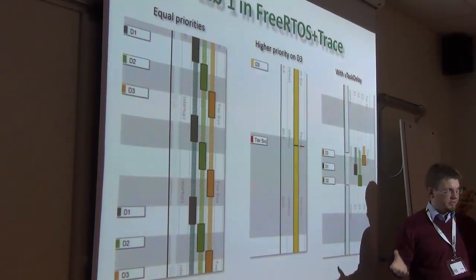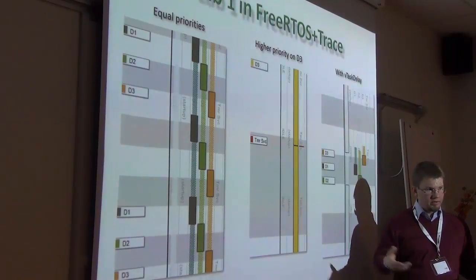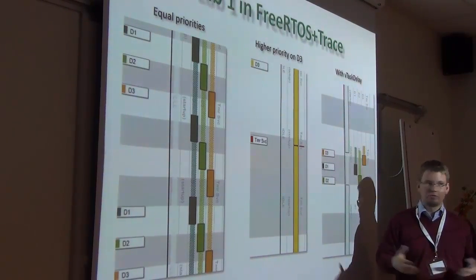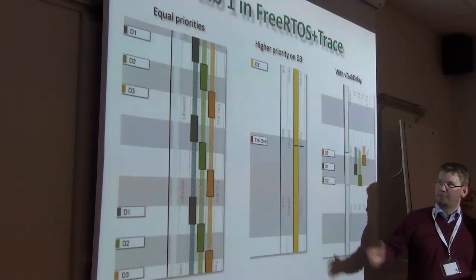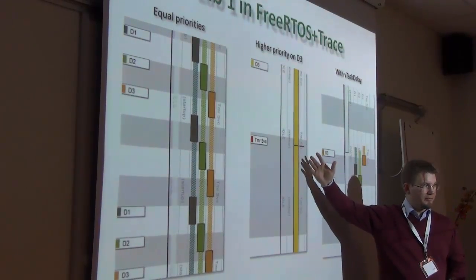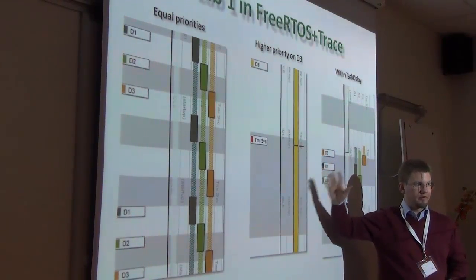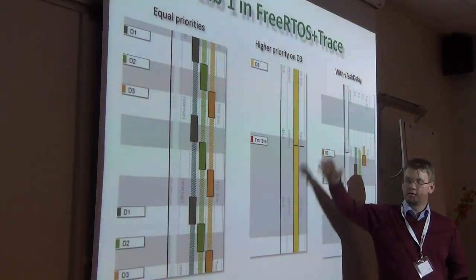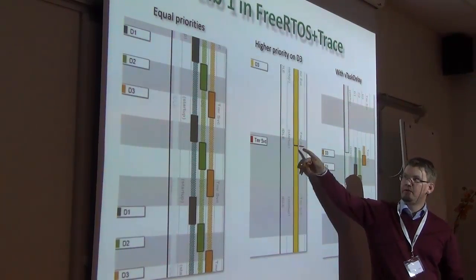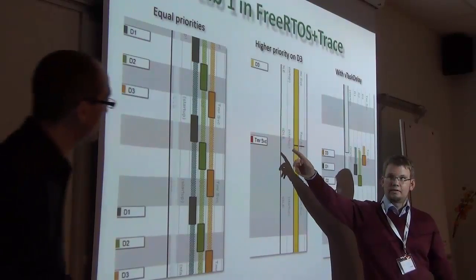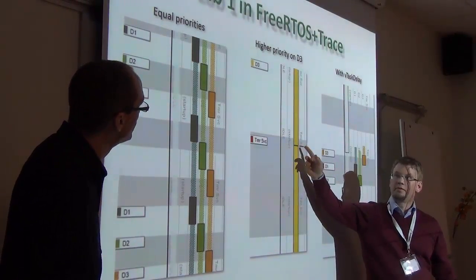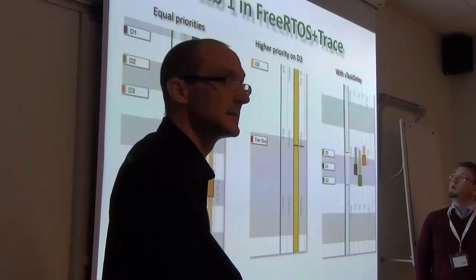Since the tasks are never getting blocked, they are running all the time. They want to run all the time. The higher priority task will take over completely, starving out the lower priority ones. They never execute. This red one here is the timer task of FreeRTOS. That is a bit higher priority.